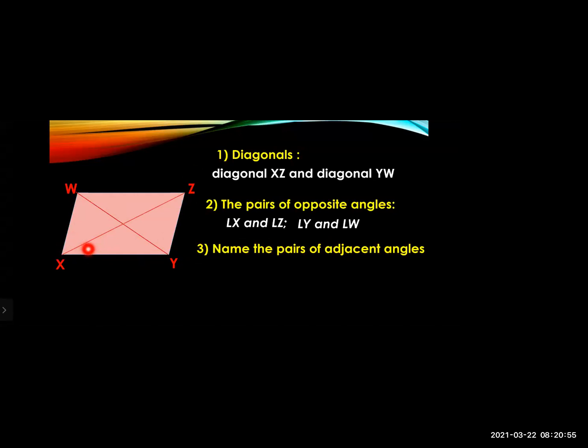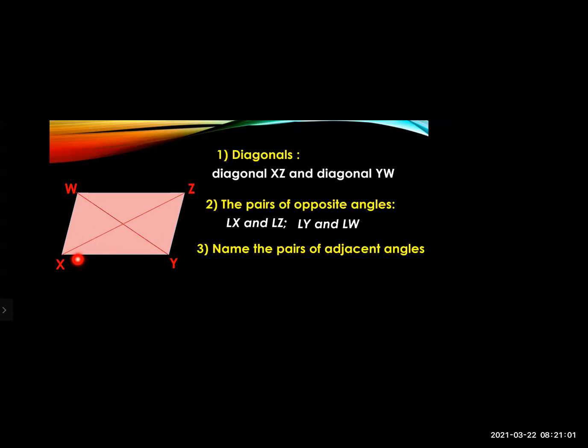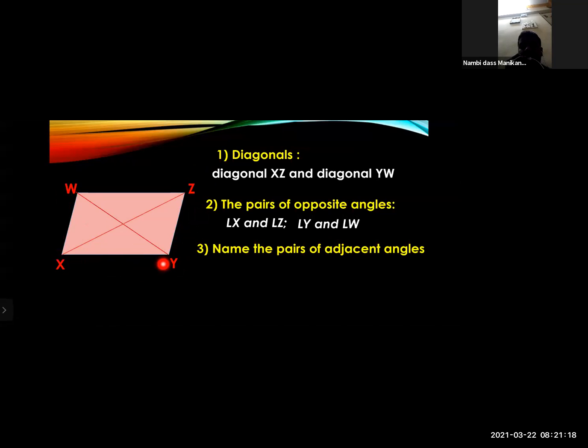That will have the common arm. Angle WX, angle XY. Okay, so see, whenever you have to read the angles, you have to take the three vertices, WXY and, sorry, angle WXY and angle XYZ, right? So here the common one will be X. Yes, very good.